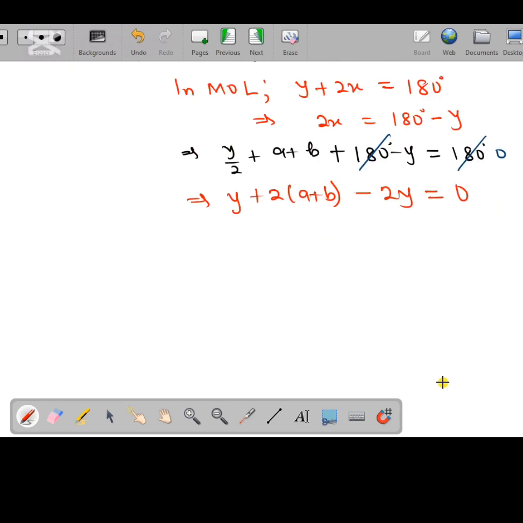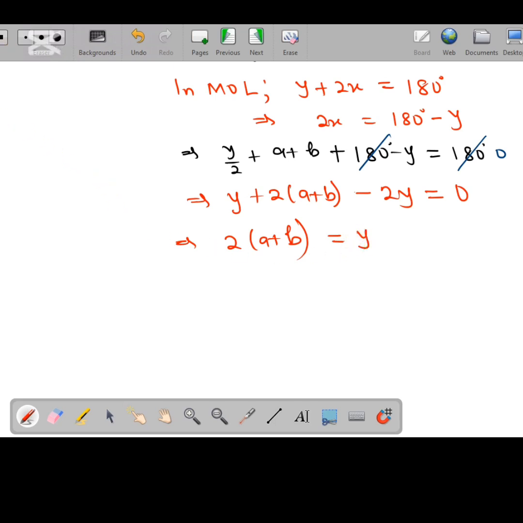So what can we do next? We can now see that from here we are going to have 2 into A plus B, and then of course Y minus 2Y will be minus Y, and then we can take that minus Y over to give us Y. So let's assume we have Y there.